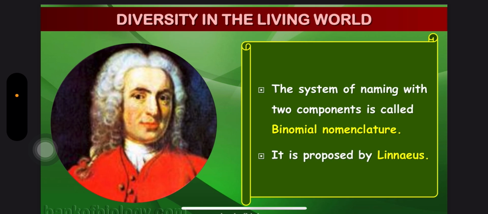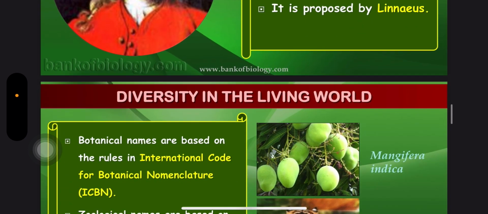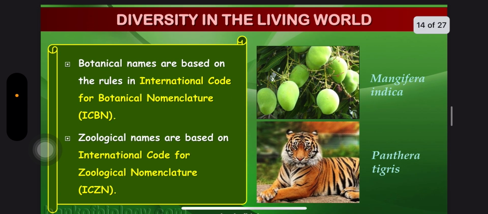Binomial, two names. It was proposed by Carolus Linnaeus, who is called the father of modern taxonomy. Here, botanical names are based on the rules in the International Code for Botanical Nomenclature, ICBN, which looks over the naming of plants.